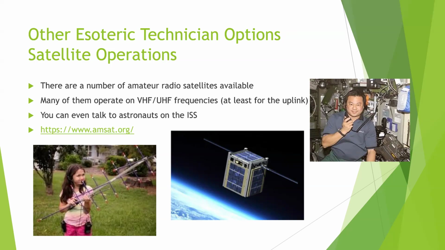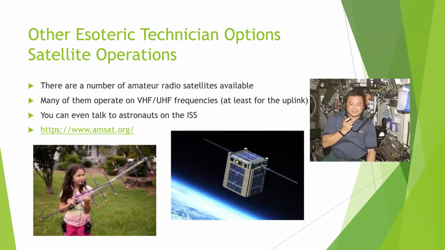So that's something that you can check out. If you go to the amsat.org page, you'll see a list of active satellites, and then get their information. And then there are apps you can have that will show you on your phone when a satellite is coming into view. It'll tell you where it's at, how high it's going to go, how long it'll be up, because you have to kind of follow it along with your antenna.